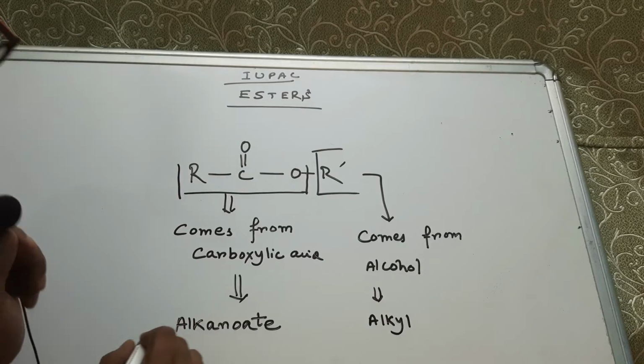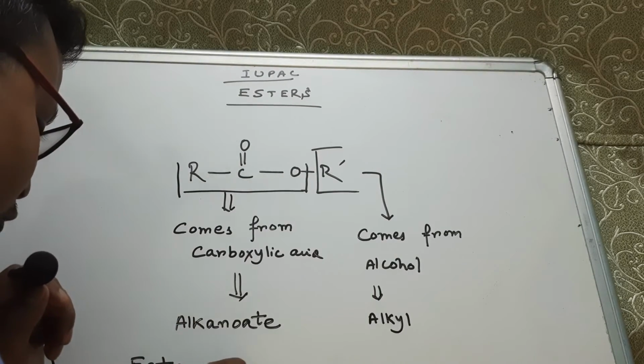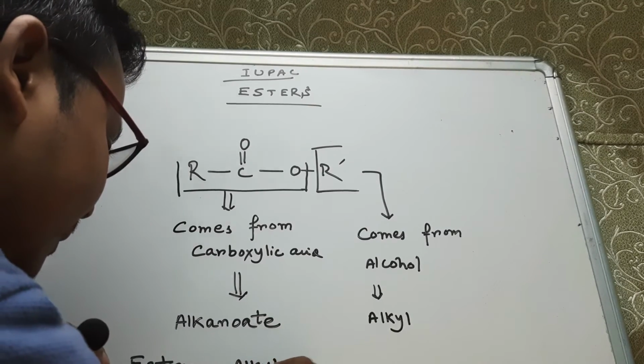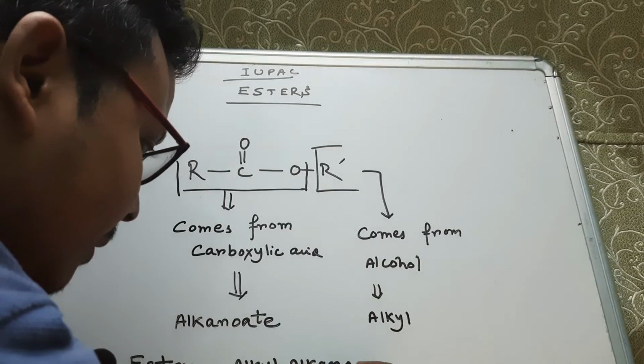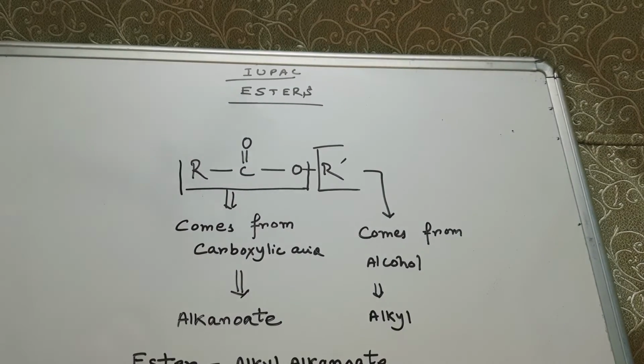So the full name of an ester is alkyl alkanoate. Okay, friend.